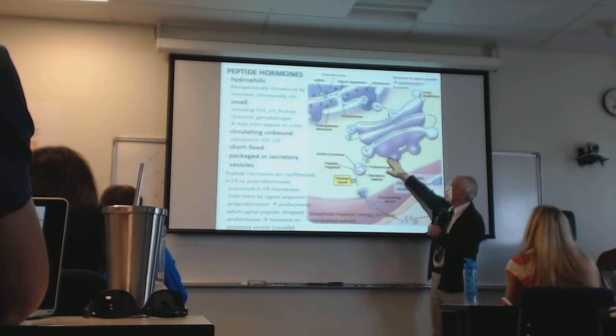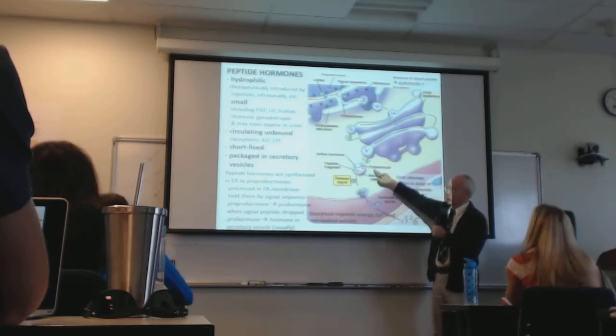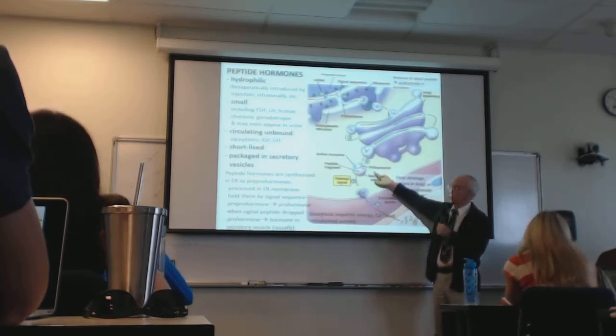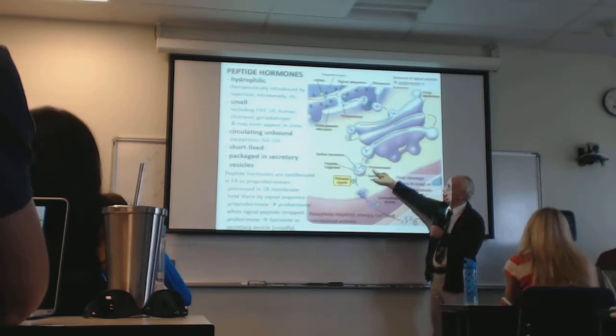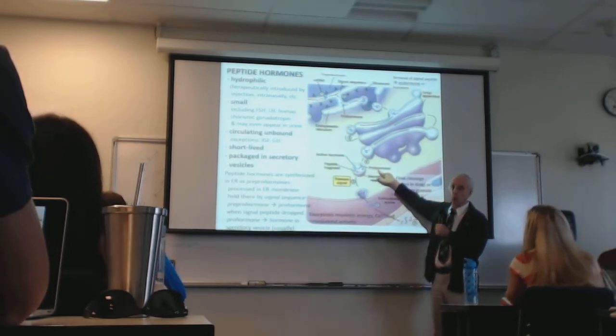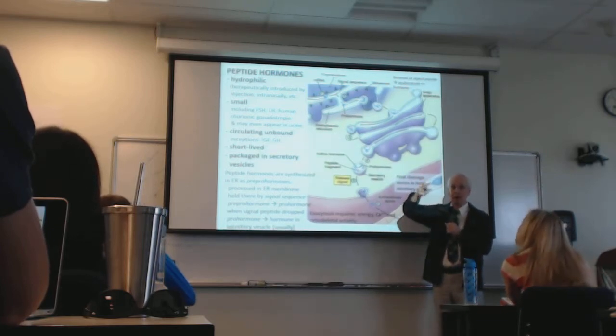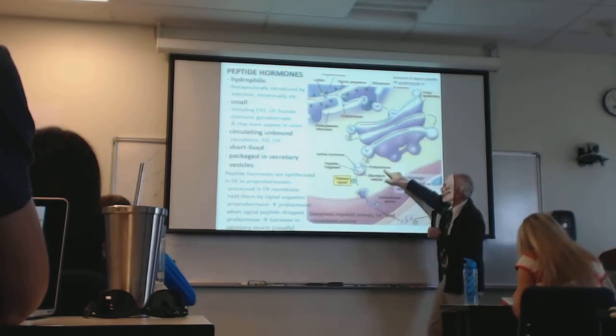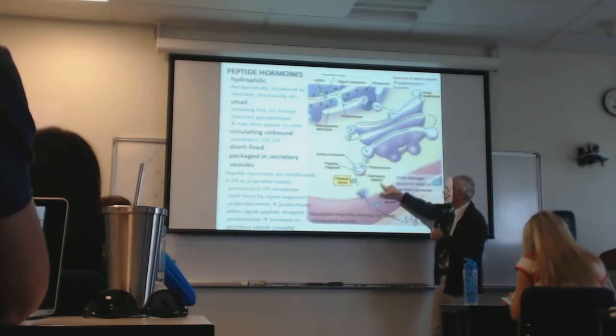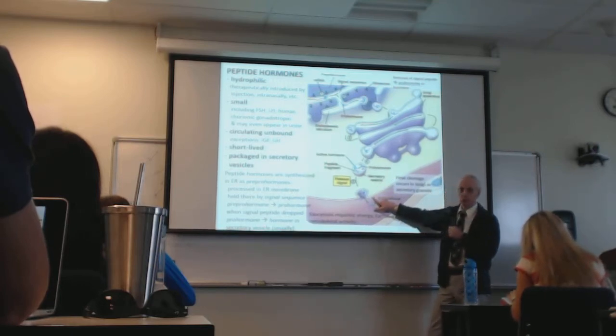When that process is finished, and this, again, is a little tricky, don't always expect consistency here, either the pro-hormone or the hormone, which would be a cleaved fragment of the pro-hormone, is released into the secretory vesicle for exocytosis from the cell.